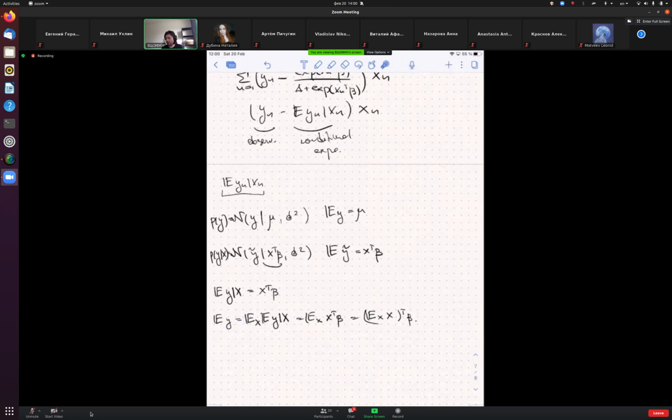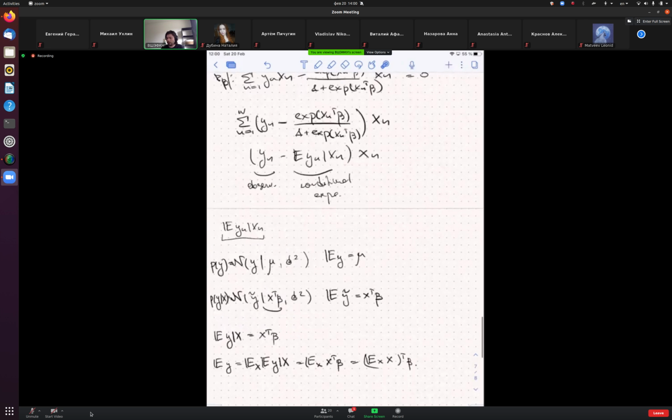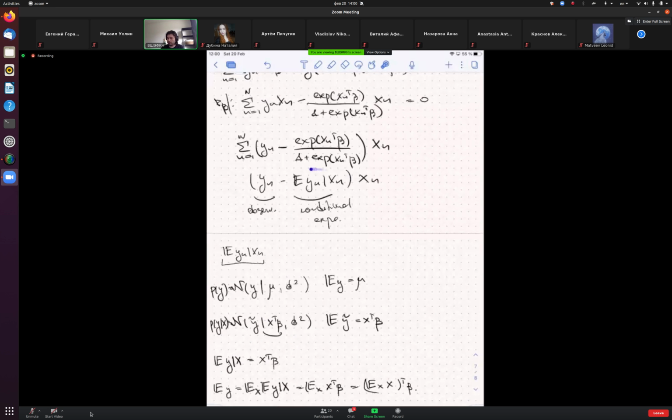It's called the full expectation. Okay, and when I'm talking about this conditional expectation, what is it? Let's think a bit more about this.